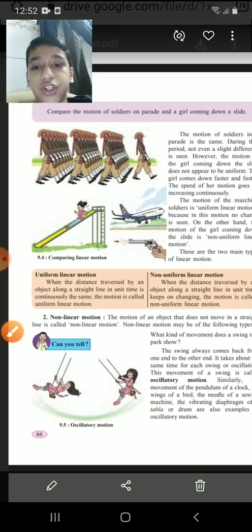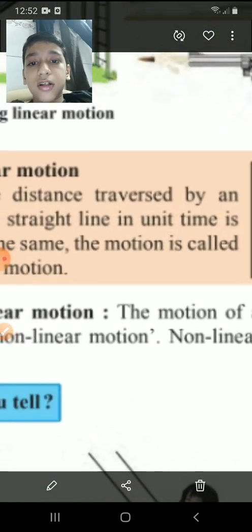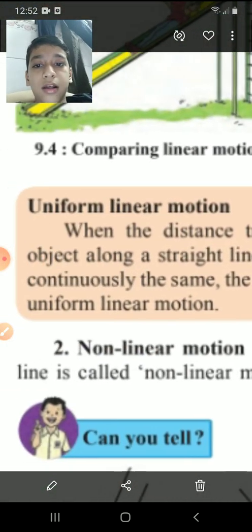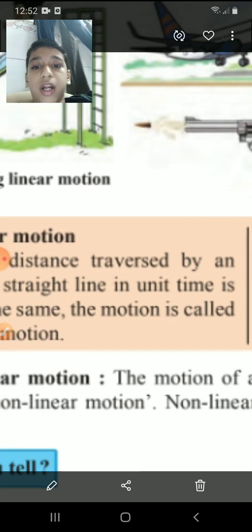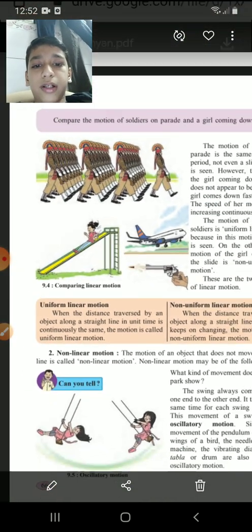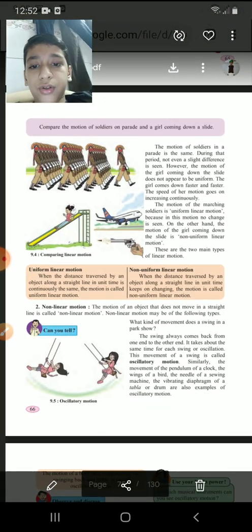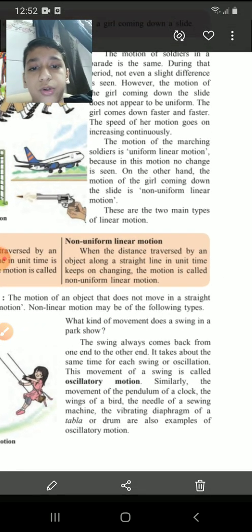Comparing linear motion: uniform linear motion, when the distance traversed by an object along a straight line in unit time is continuously the same, the motion is called uniform linear motion.